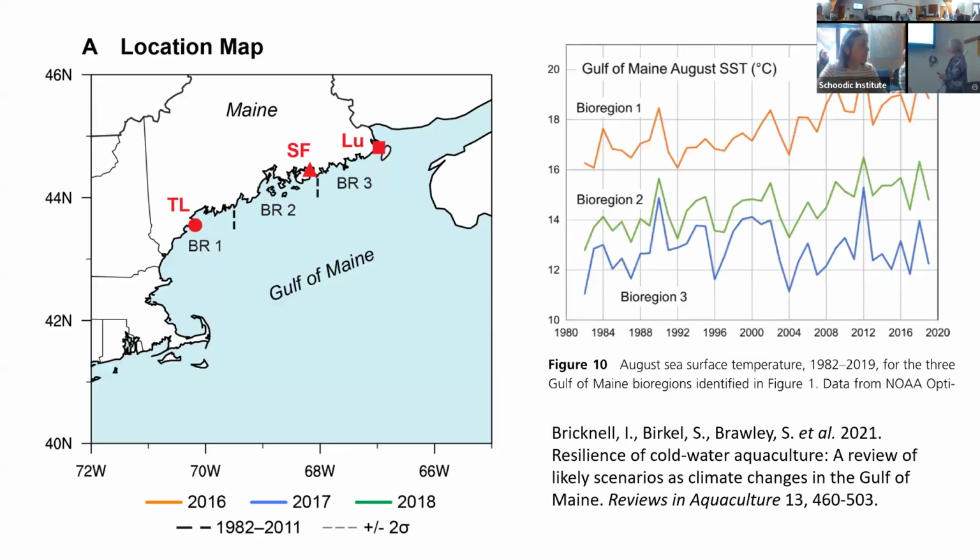Now, as we know, things have been changing, and Sean and I developed this concept of bioregions along the Maine coast in order to be able to look at that better. And they're based on my understanding of the algae. In other words, the dominant algae on the shore, and they're different here from here to here.